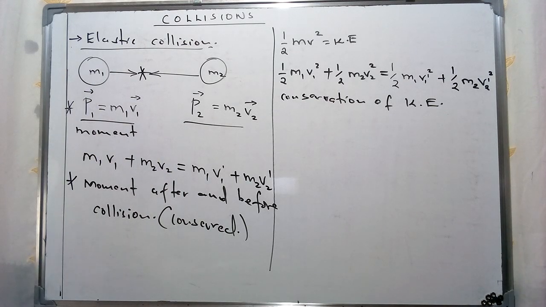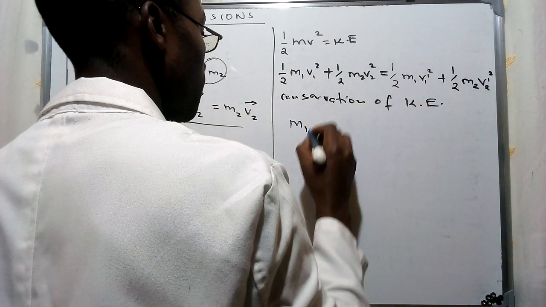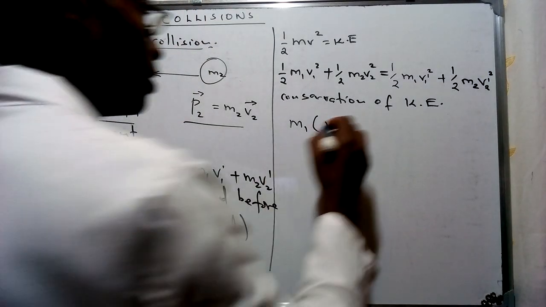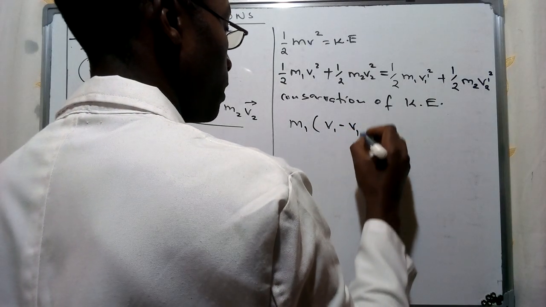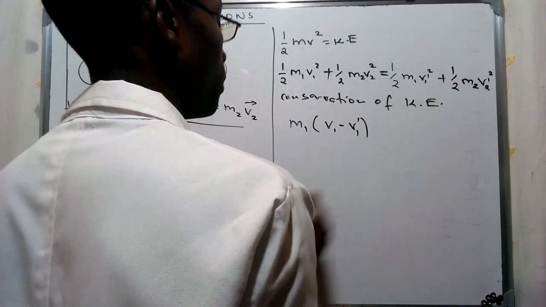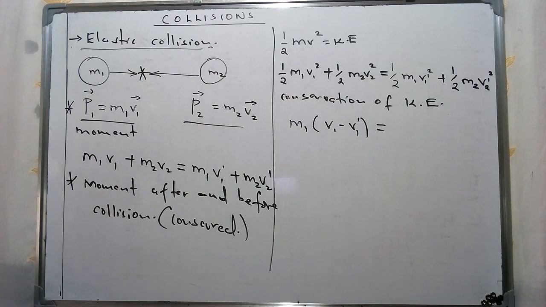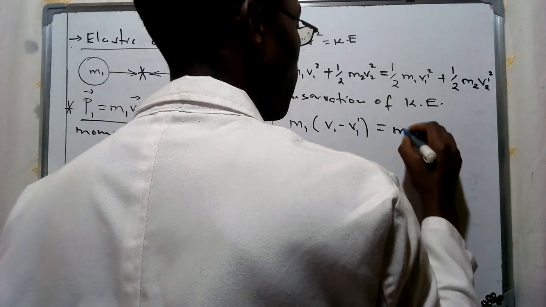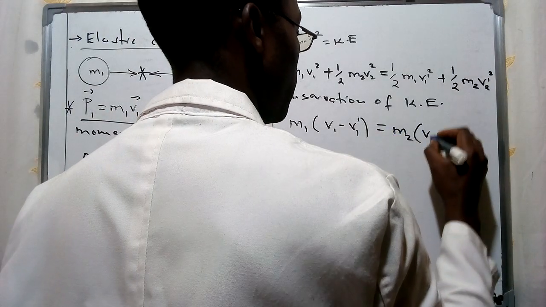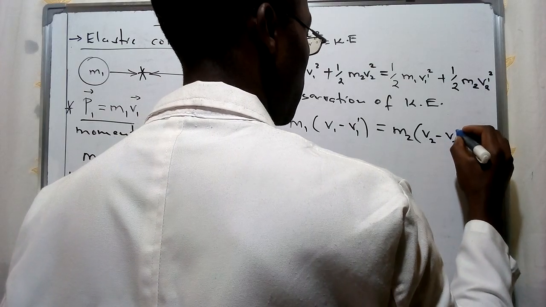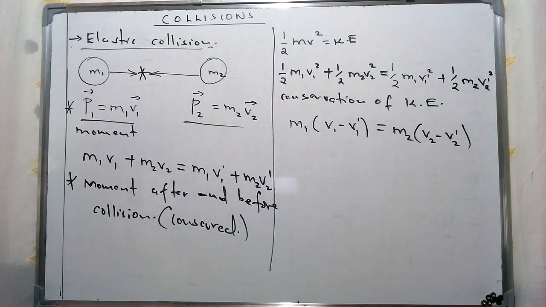So from this relationship, we can see a particular case whereby m1 into v1, the initial velocity, minus v1 prime, the final velocity after collision for the first particle, is equivalent to the mass of the second particle and its velocity difference.